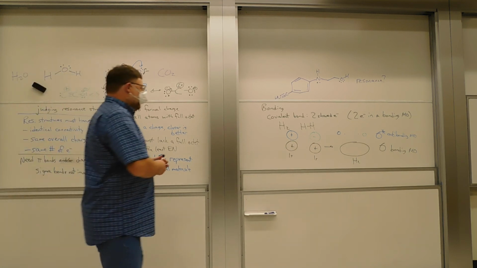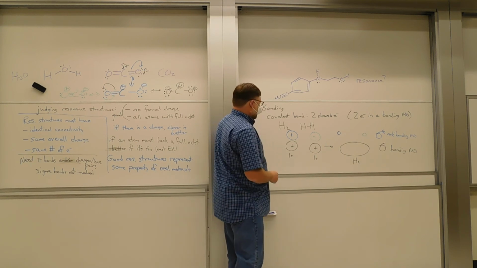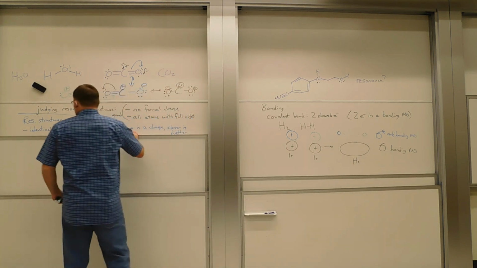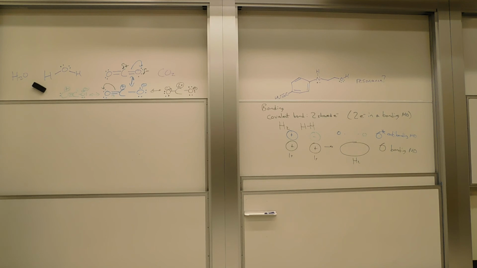Okay, so this is a sigma bond. I'm going to raise this up over here. Every bond starts as a sigma bond. All right, that's the beginning. In water, the two OH bonds are sigma bonds. Single bonds are always sigma bonds.